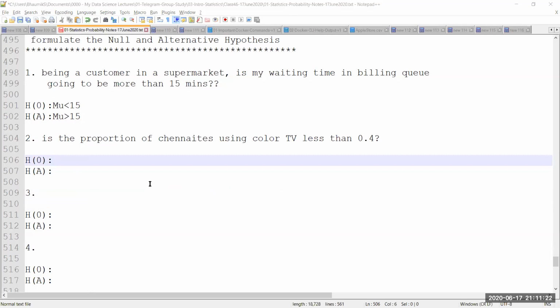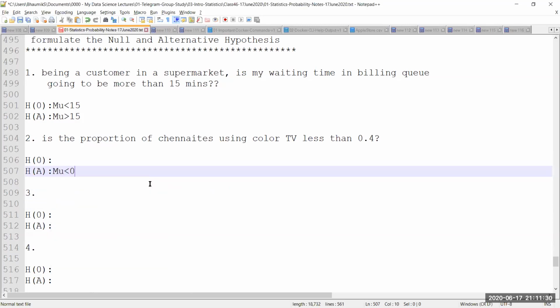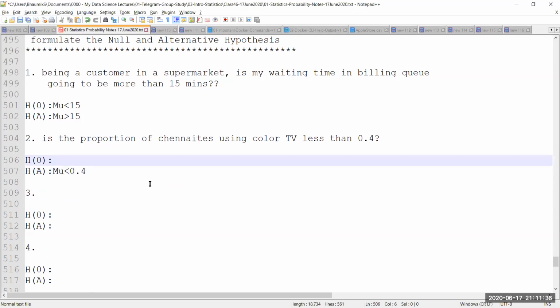It's not. Okay, so mu less than 0.4 is going to be my alternate one, or the null one? I think it should be null. Okay, mu less than 0.4.